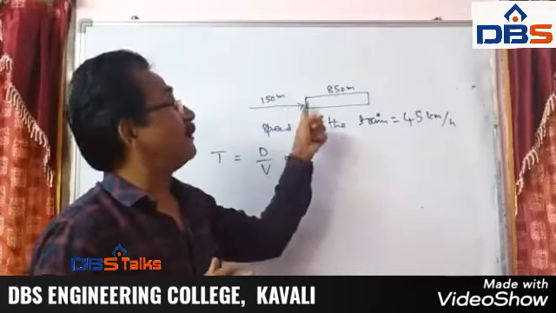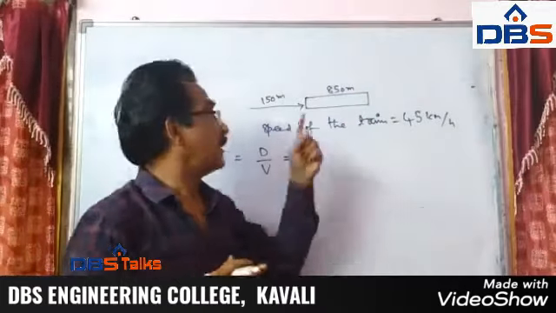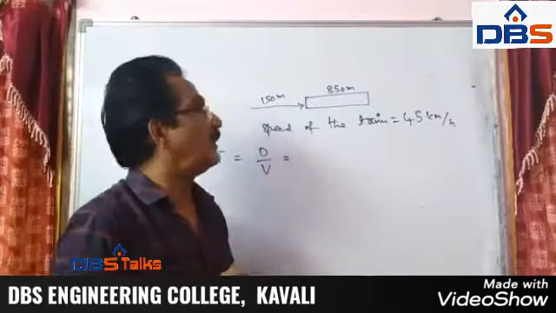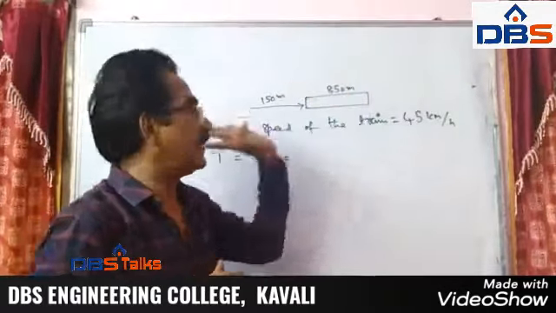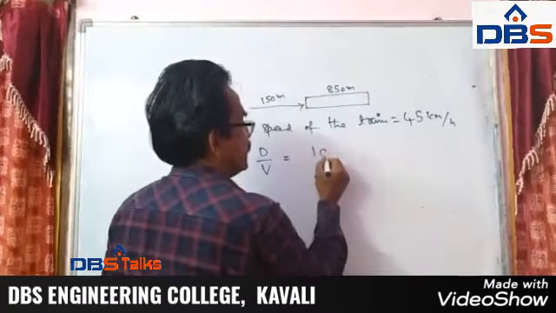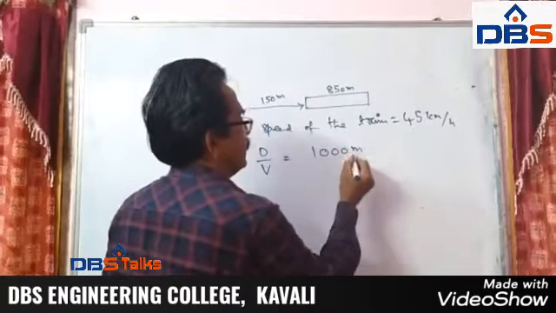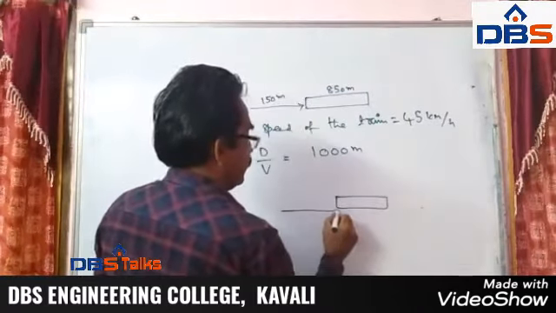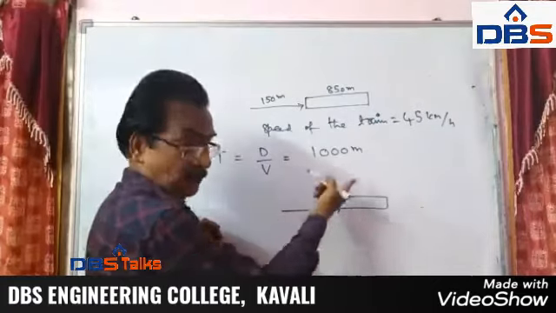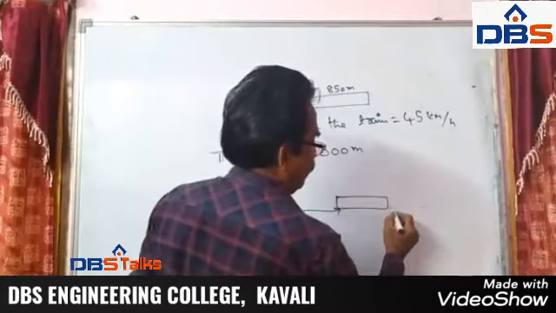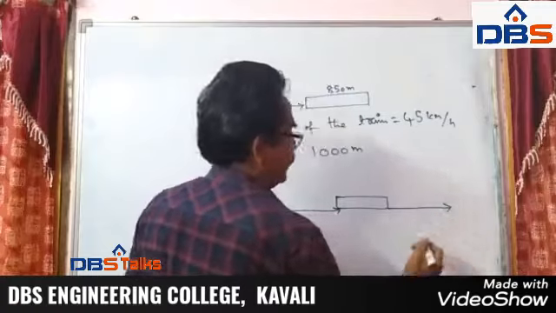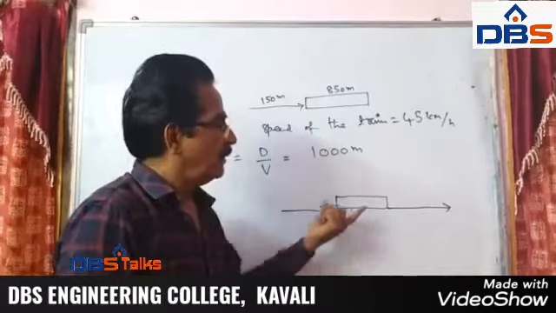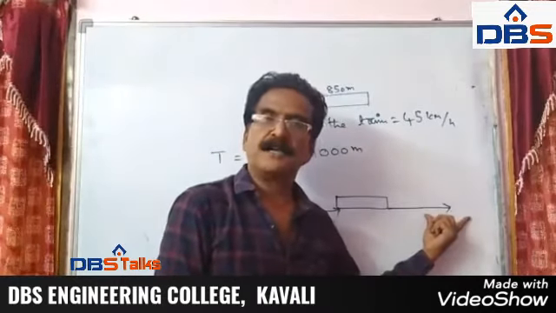Here let us see the distance. The train crossing this bridge means the train is traveling a distance of 150 plus 850, 1000 meters. See friends, this is the bridge, this is the train. If this train crosses this bridge, the position of the train will be like this before crossing the bridge, and like this after crossing the bridge.